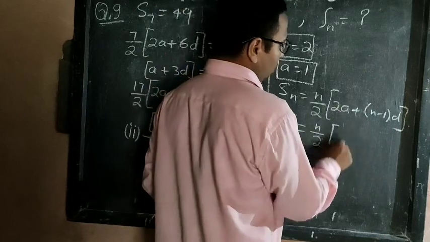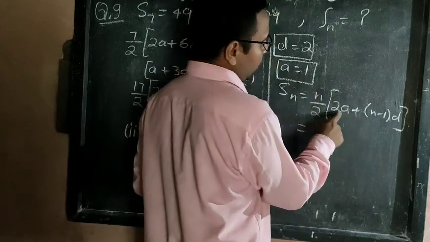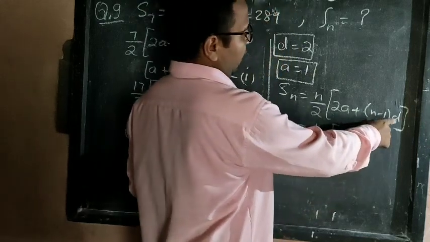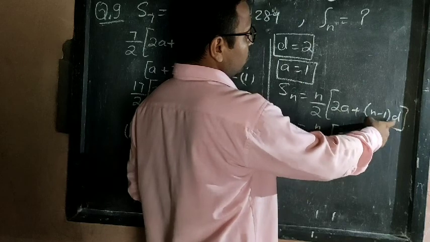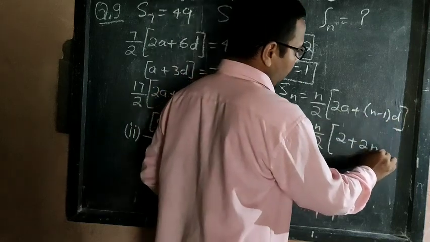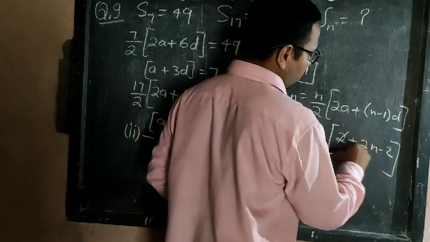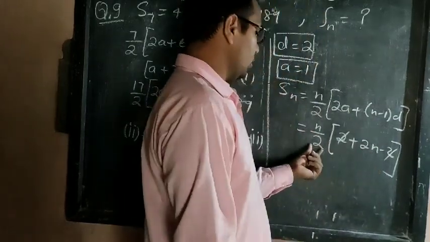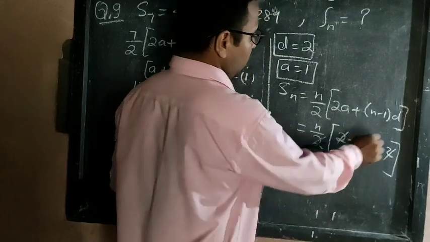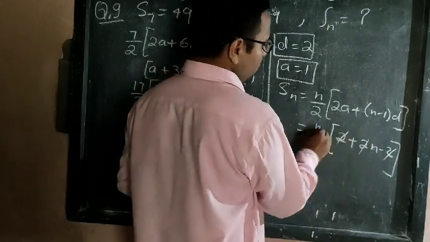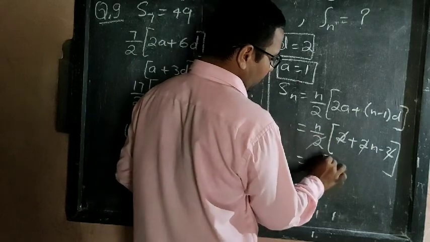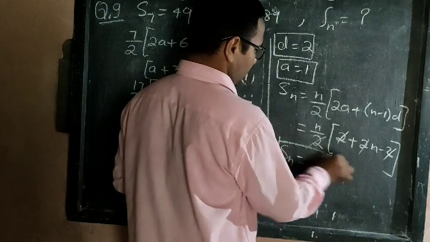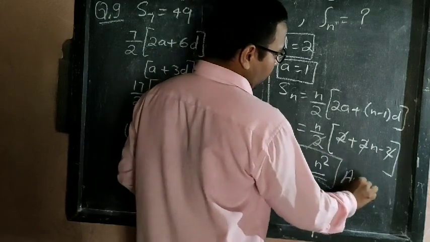So n by 2 into a value how much? 1, so 2 ones are 2, plus n minus 1 into d. d value is 2. So put it here, you will get how much? 2n minus 2. And plus 2, minus 2 can be cancelled. Now 2n is remaining here and 2 is here, so that 2 and that 2 can also be cancelled. So n into 1, n. In multiplication, how much will you get here? n square. So Sn is equal to n square. So this much is our answer.